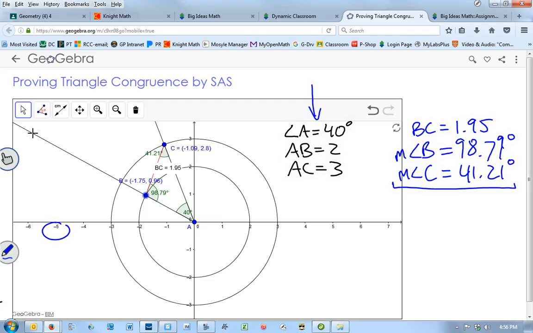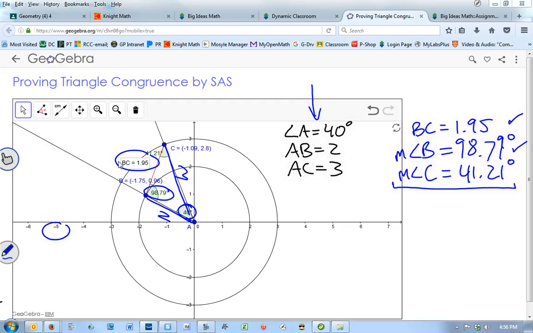So what does our triangle look like? Oh, what do you know? The triangle's in a different spot. We've got 40 degrees, which we set. This is 2 because it's stuck on the circle. This is 3. Look, the other side is 1.95. Check. This angle is 98.79.